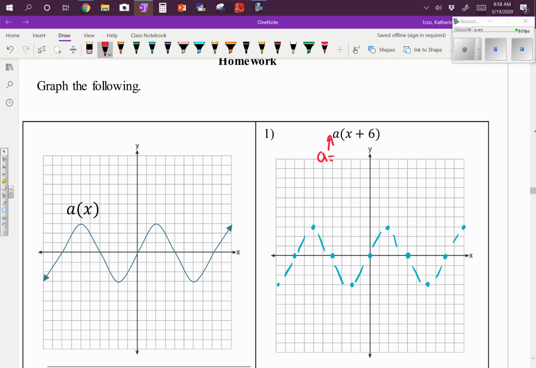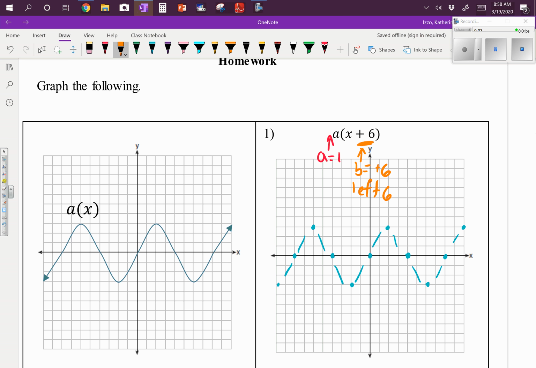There is no A, so A must equal 1. B is equal to positive 6. So if B equals positive 6, we have to go left 6. Squirrel, you remember that from yesterday? Sorry, the day before yesterday? She remembers nothing.